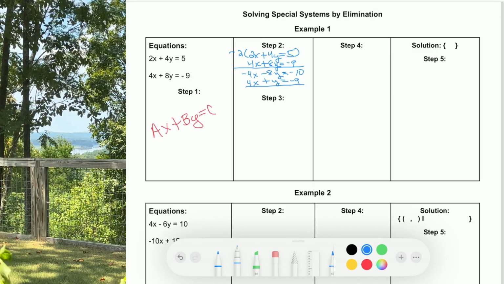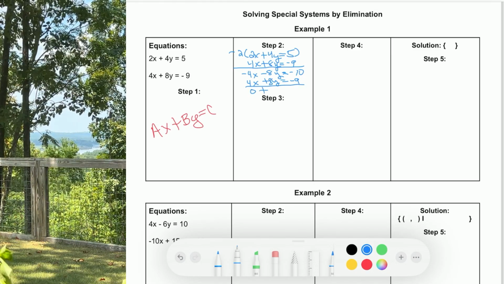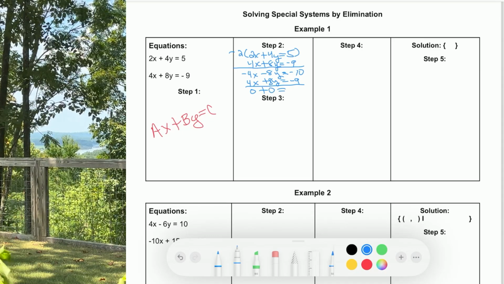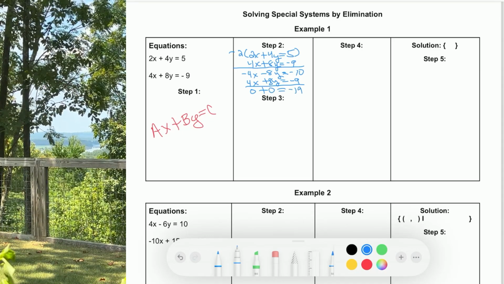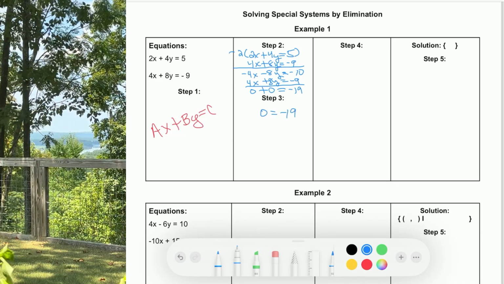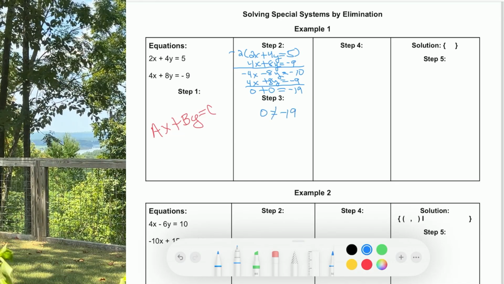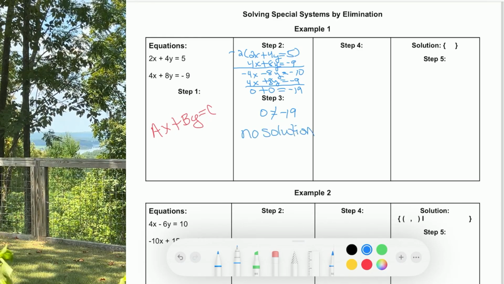When I add them together, my x's cancel. My y's also cancel. And then I get negative 10 minus 9 gives me a negative 19. So I end up with 0 equals negative 19. Those don't equal. That means no solution.